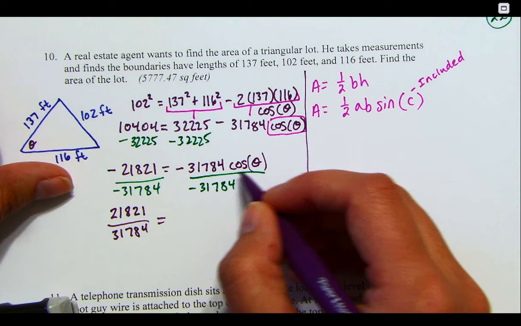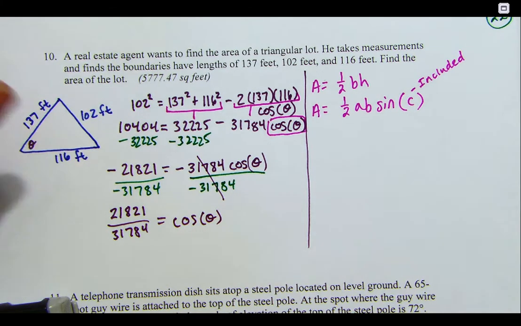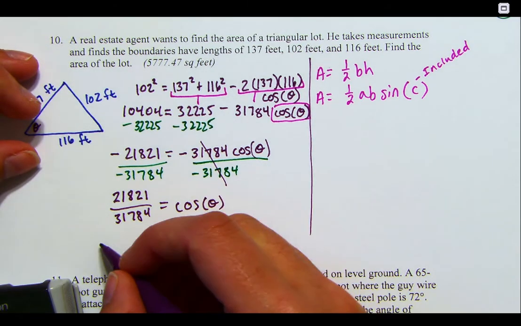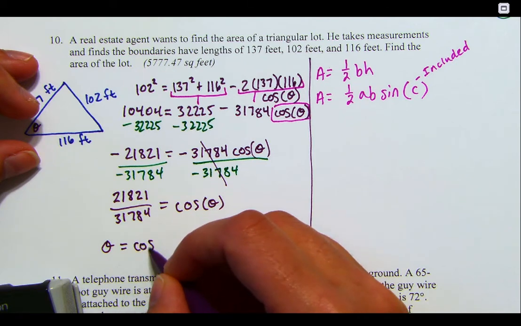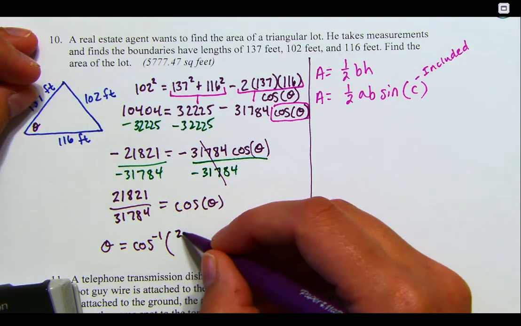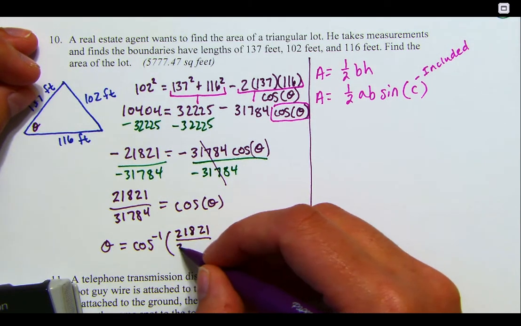And then now my cosine is alone because those two things cancel each other out. And then since we are finding an angle, to get rid of this, we are taking the inverse cosine to both sides. So our theta is going to be equal to the inverse cosine of this big fraction. So that is what I'm going to type into my calculator to get that angle.